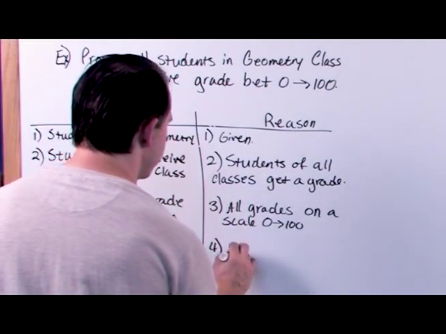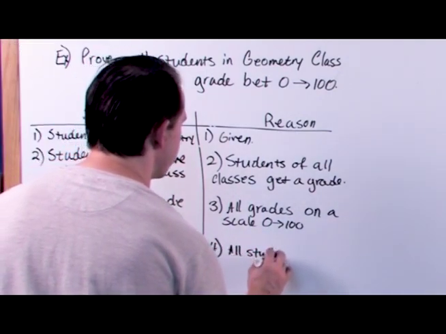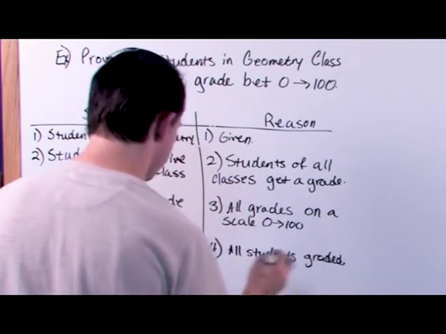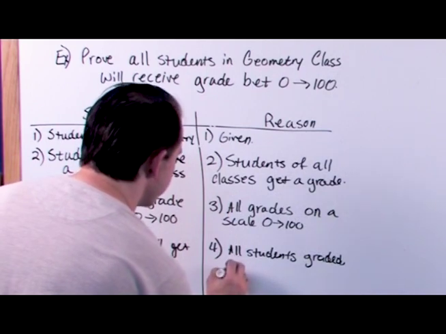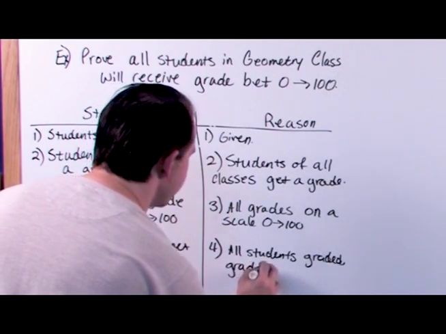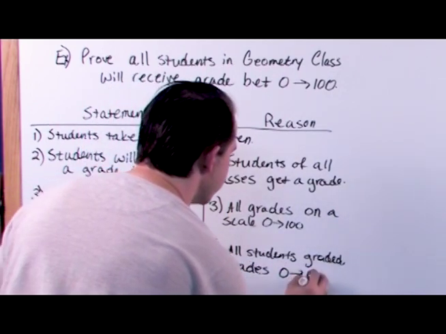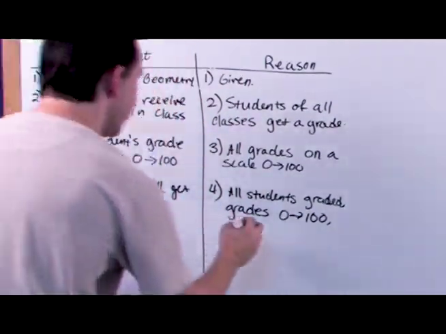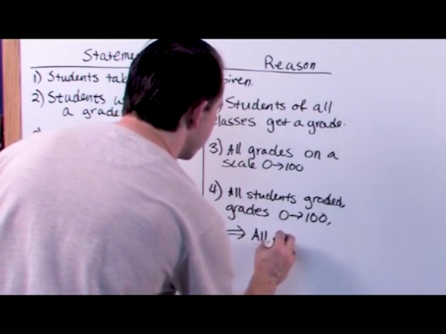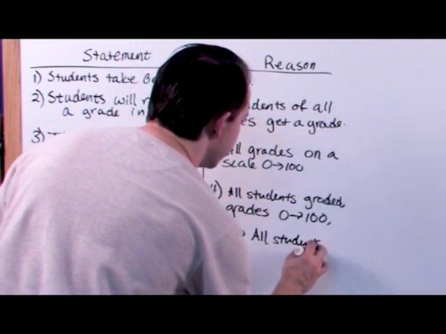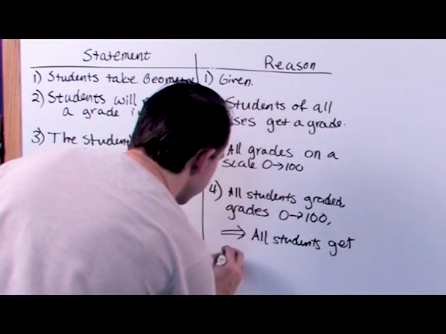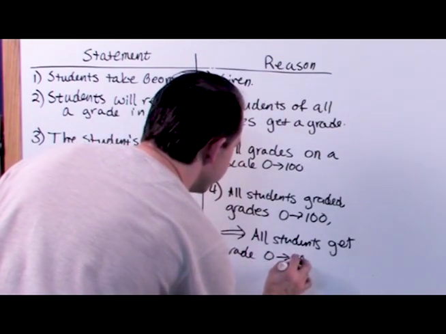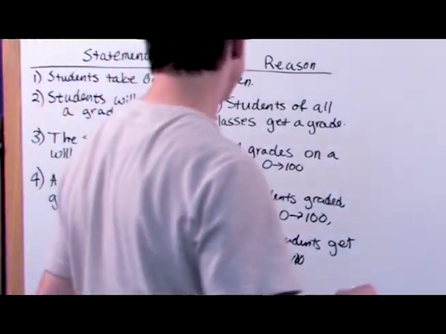Since all students are graded, okay, and the grades, I'm doing shorthand here to hurry up, grades are from 0 to 100, then that implies, as a conclusion, that all students get a grade between 0 and 100.